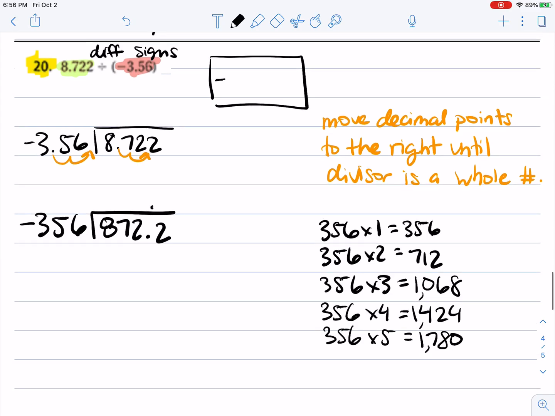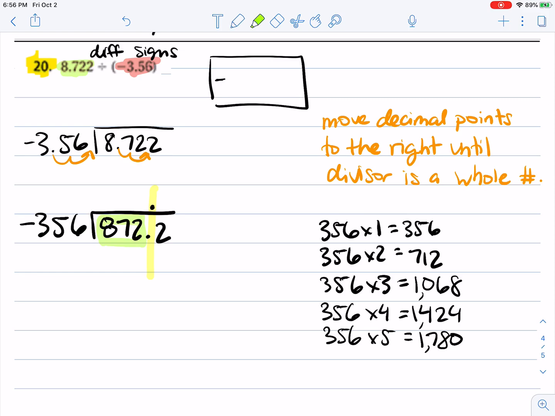I want to put a decimal point up here, right above, so I know where it goes when I do my answer. And now we're ready to divide. So I'm going to look at these first 3 numbers first because that can be divided by 356.